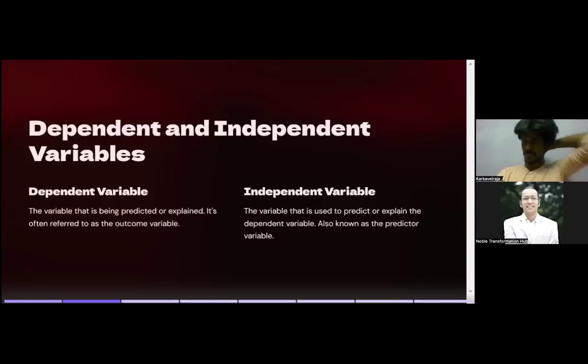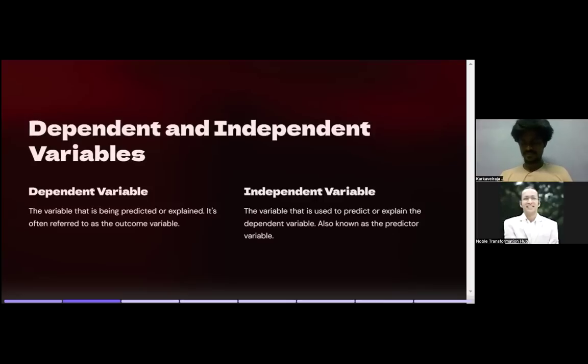Dependent variables are the ones being predicted or explained, often referred to as the outcome variable in machine learning.